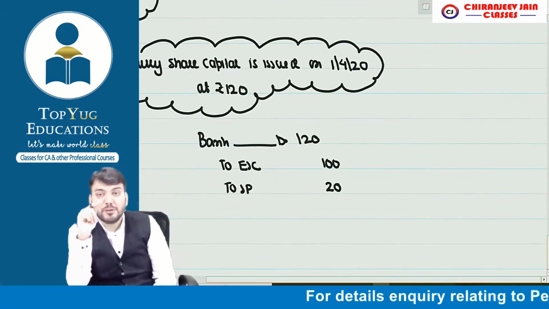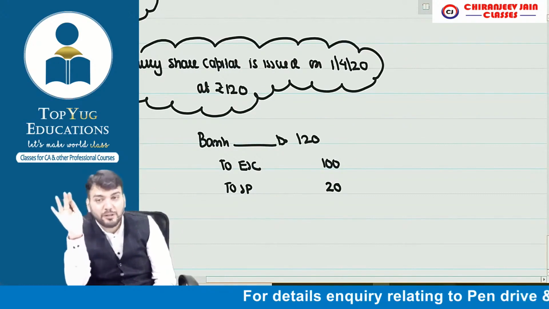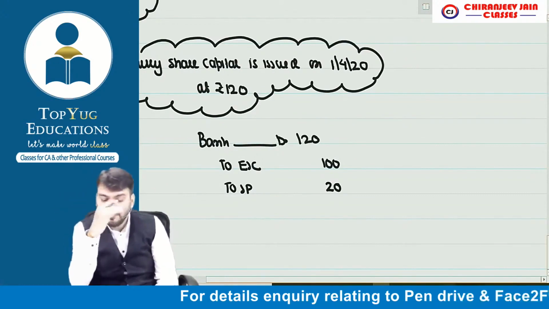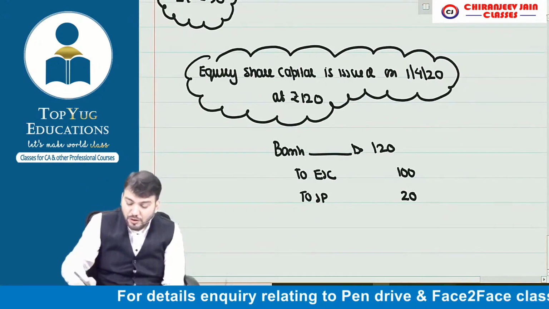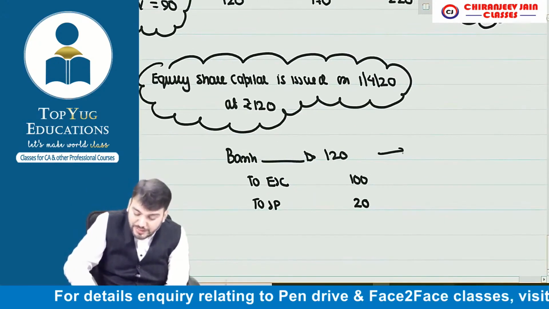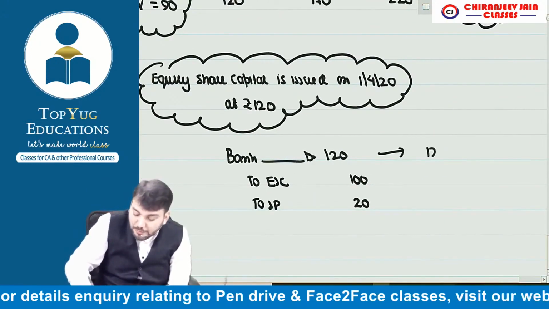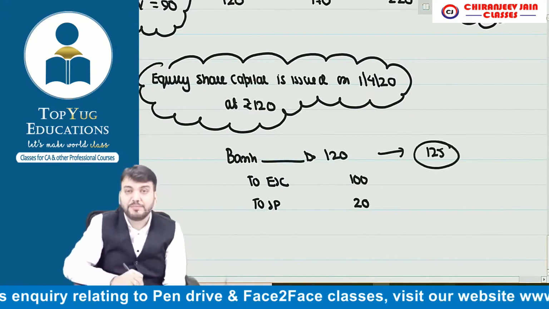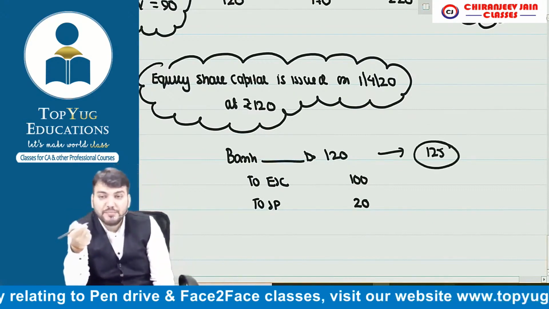What will the journal entry be in the books of shareholders? Investment account debit to bank. My question to you is, now suppose subsequently the market price becomes 125.